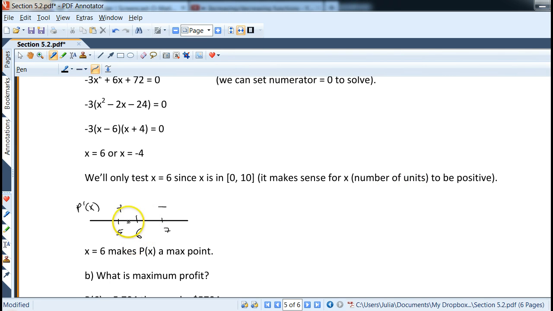So I tested 6. I plugged 5 and 7 into the derivative. I actually did plug it into the denominator first, both for 5 and 7. But then on the top, I think I get positive in the denominator for both 5 and 7. But the top, notice how if you plug in 5 minus 6, and then 5 plus 4 actually gives us negative because it's negative 1 times 9 or something like that.